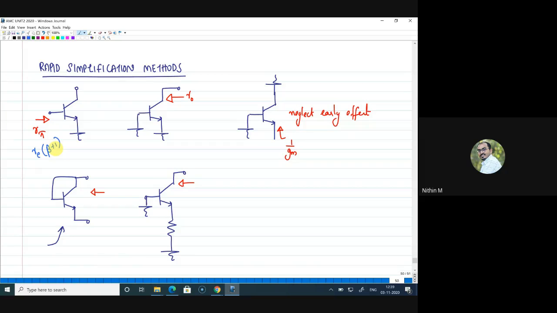Looking at the base, it is R pi. Looking at the collector, it is R naught, and looking at the emitter, it is 1 by GM. I asked you to find the impedance for these two topologies. I hope you have obtained some result.